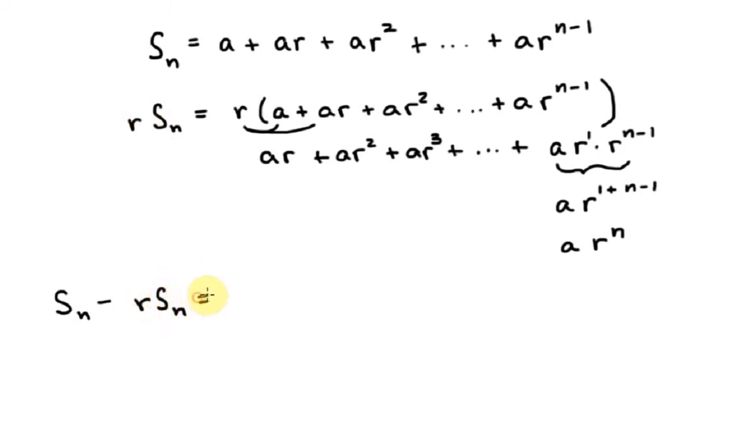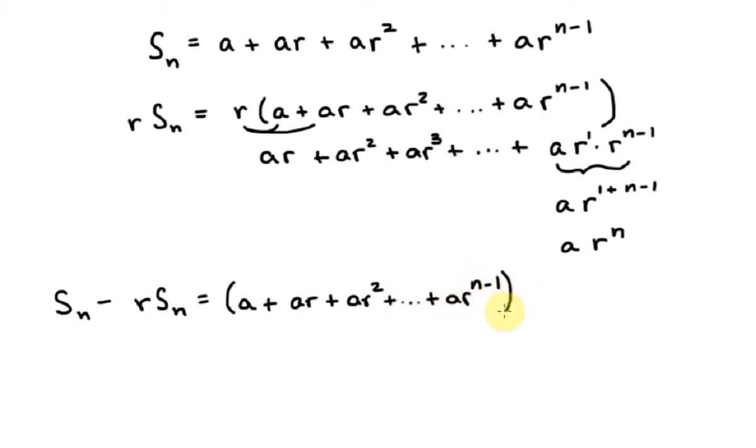And on the right side, I've got all these terms on the top, and I'm going to put brackets around them just for clarity. I have a plus ar plus ar squared, and then all the stuff in the middle, plus ar to the n minus 1.